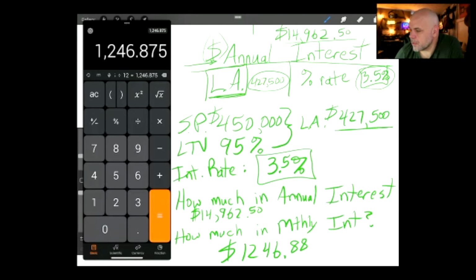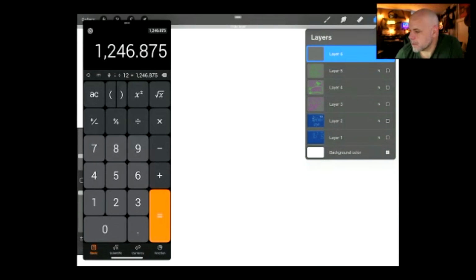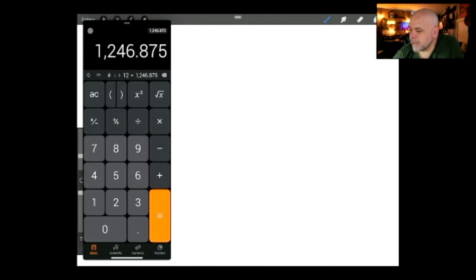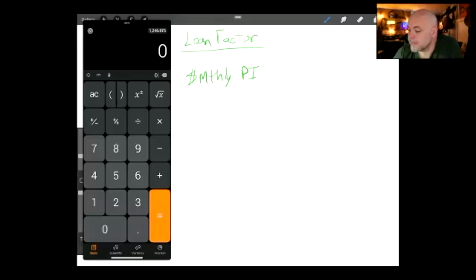So if we do the loan factor problem, we're calculating the monthly principal and interest using the factor, multiplying it by the loan amount divided by 1,000.